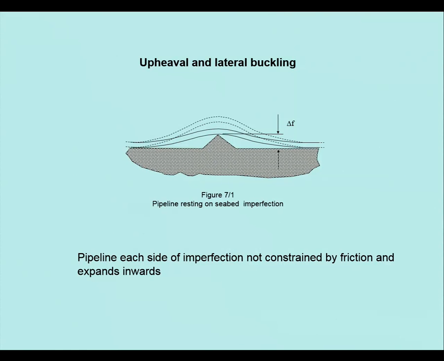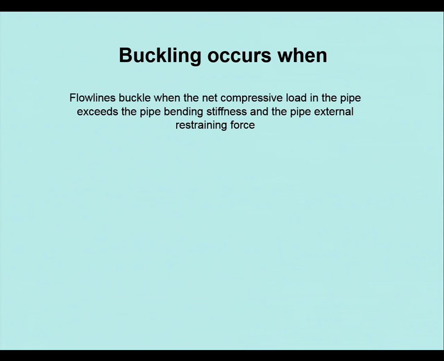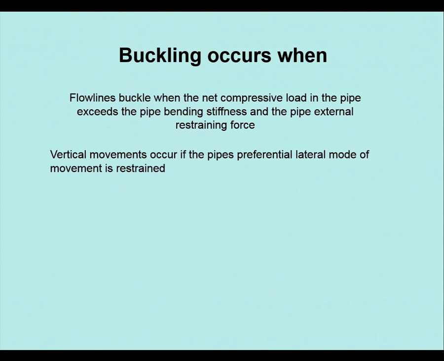But it's all contained by friction. So total friction force resisting expansion is on either side. It feeds in from the point of no movement, and it occurs in the flow and buckle when the net compressive load in the pipe exceeds the pipe bending stiffness and the pipe external restraining force.